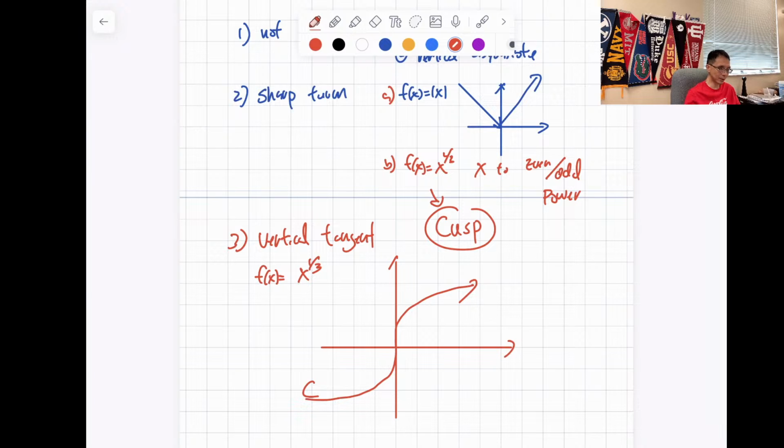So this point here, the slope is equal to infinity because it has a straight slope. And a straight slope is also known as an undefined slope. So when you have a vertical tangent, it's automatically not differentiable.